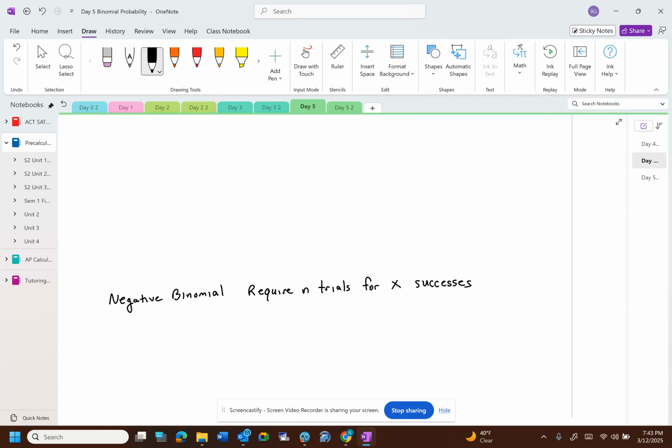So you know that you're going to have the x success on a certain number trial. We'll let x be the number of successes. We'll let P be the probability of success.